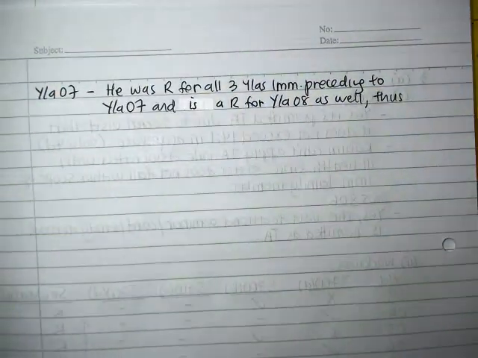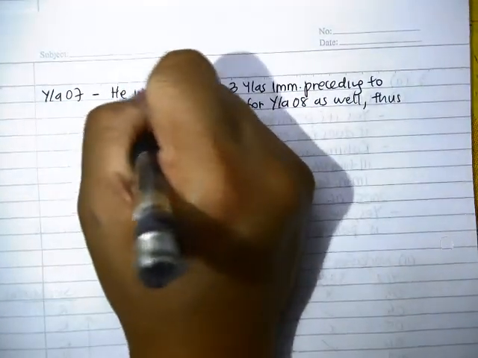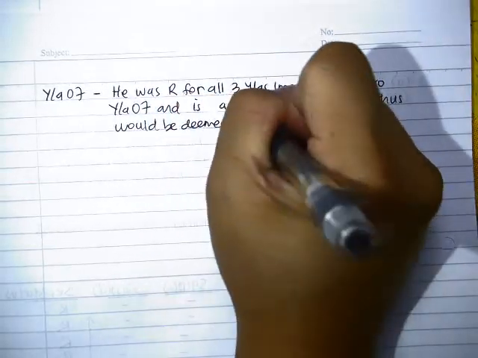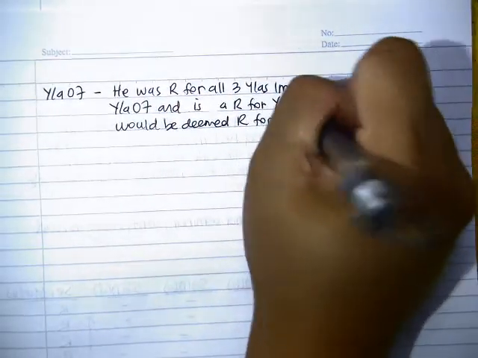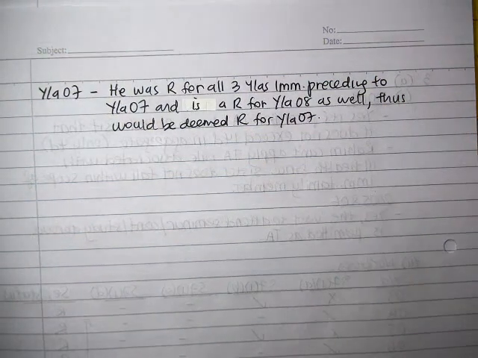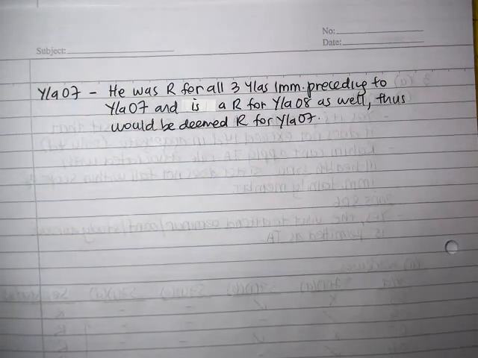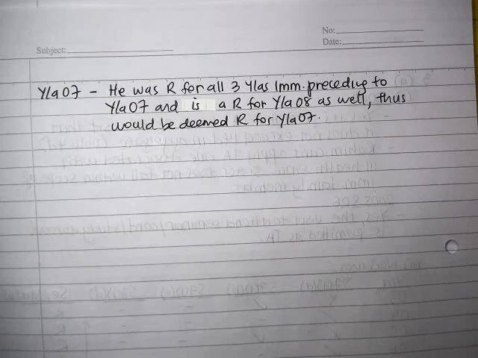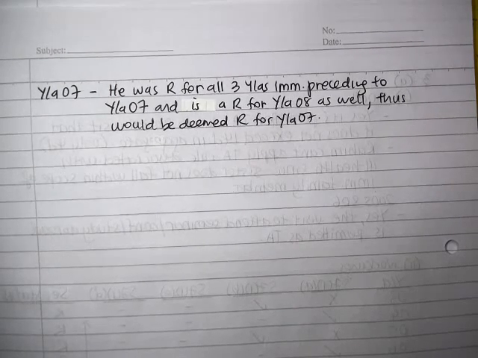Thus he would be deemed resident for 07. Okay, so you just mention that you are resident for the last 3 years and the following year.